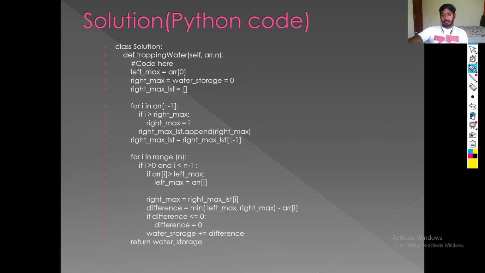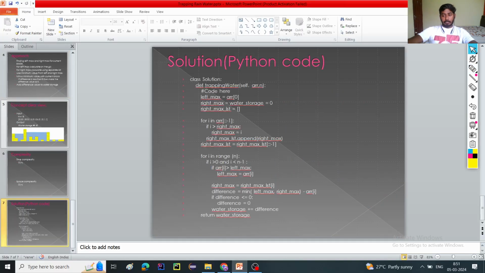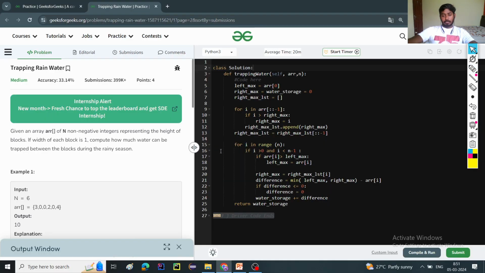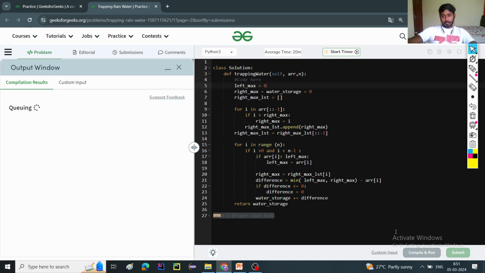Yes guys, this is all about the code. I will explain how the code runs. This is the code which I have written. I can give it as 0 and just compile it.